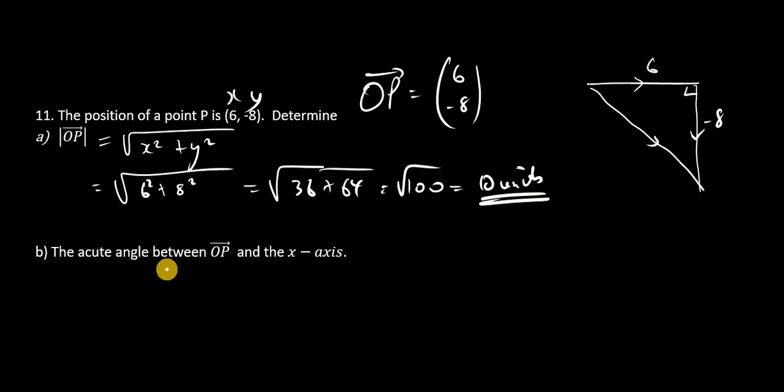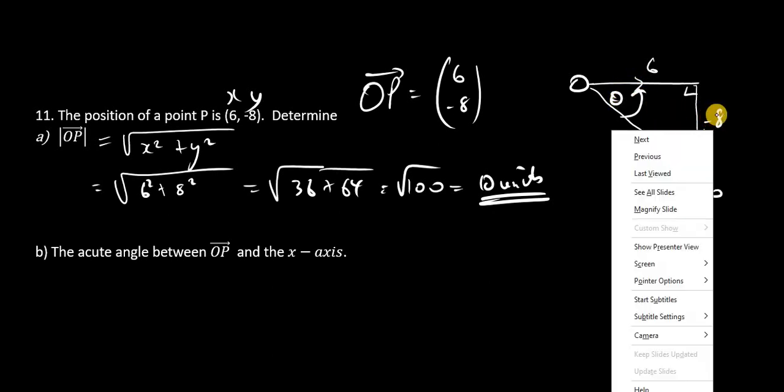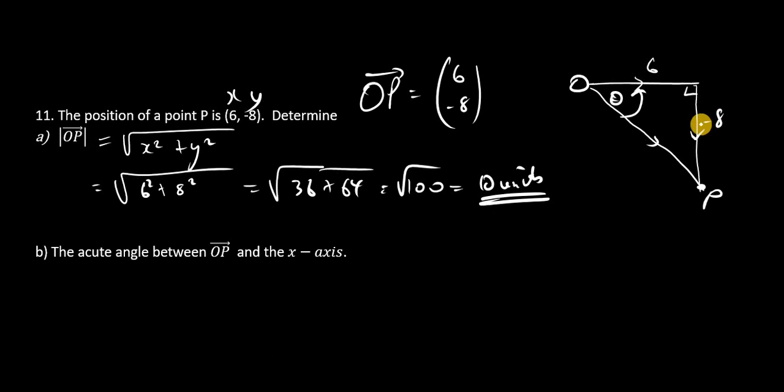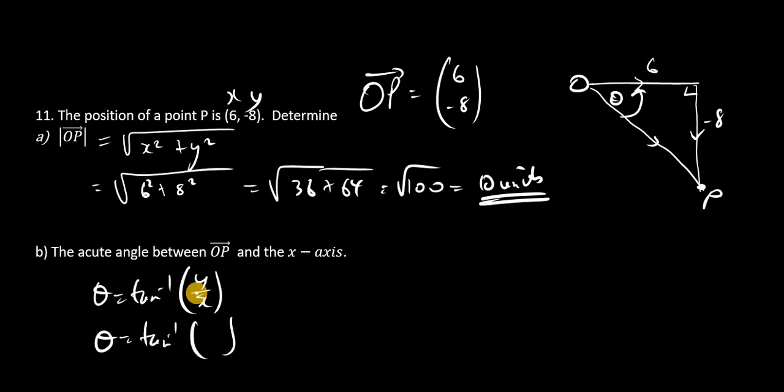I want to find the acute angle that this vector makes with the x-axis. So this is the vector, right? Vector OP. This is O. This is P, where it ends. I'm going to find what angle it makes with the x-axis. Bear in mind, again, this is just 8 units, as we mentioned. We just ignore the fact that we have a negative here, right? And so, again, we're going to use theta equals tan inverse of y over x, which is going to be theta equals tan inverse of the y distance.